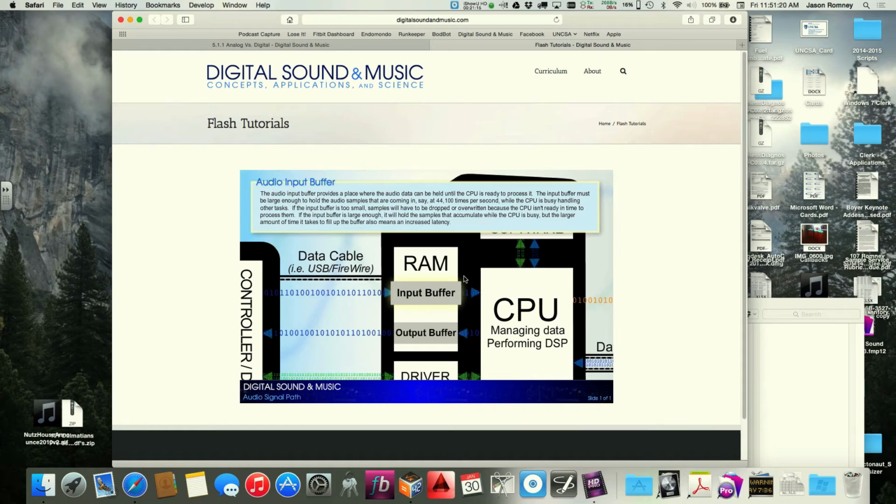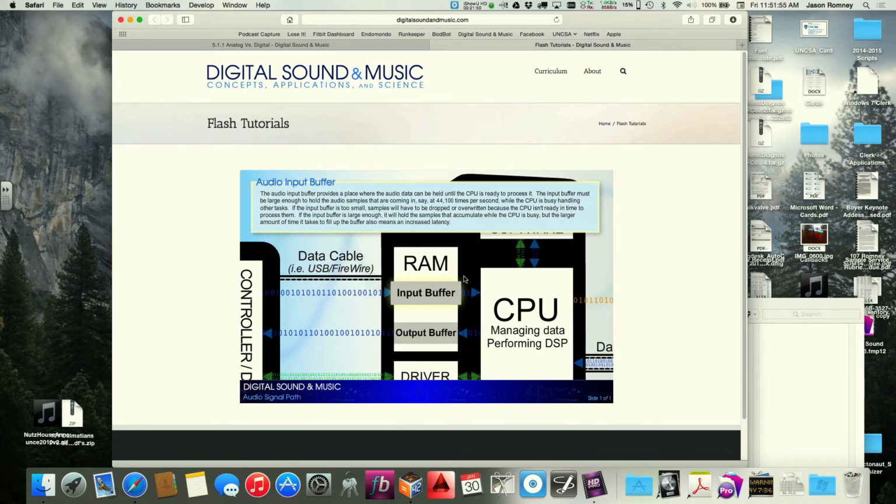So if it's a 1024 sample buffer, you've got to wait the amount of time for 1024 samples to tick before you'll hear the first one. So you've got to find a balance between what amount of latency you're willing to live with and what amount of potential volatility you're willing to tolerate in your system. What's that balance between reliability and latency? And that's where you get the buffer.